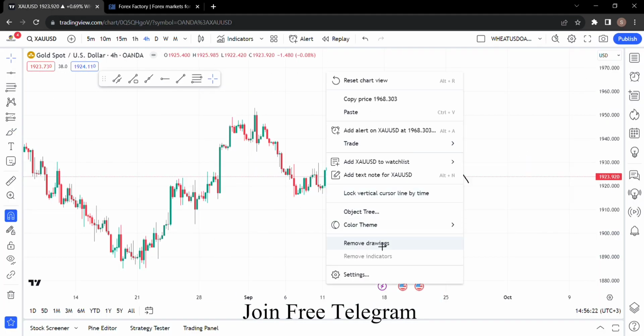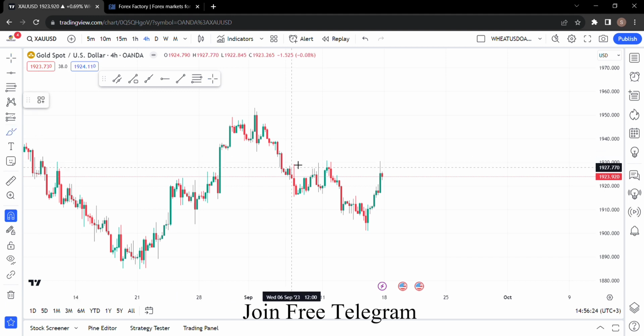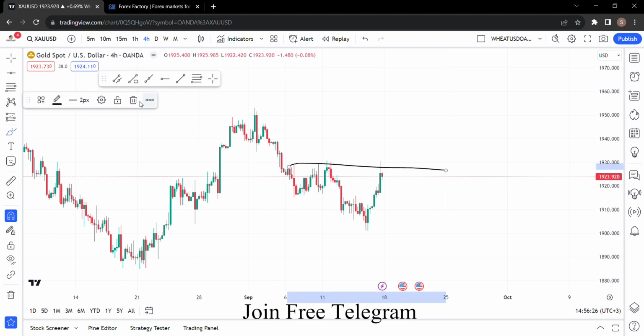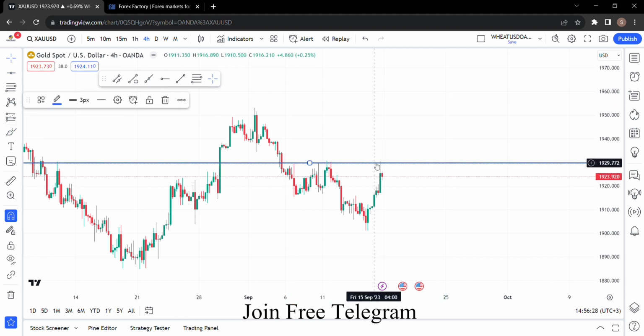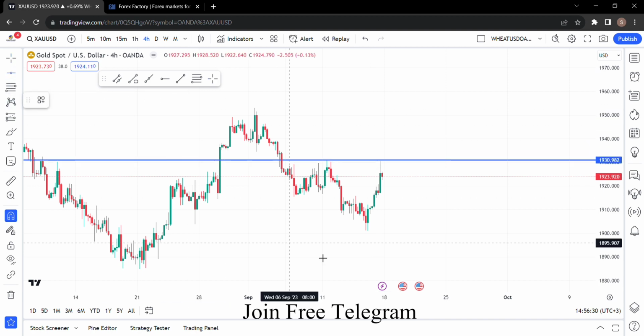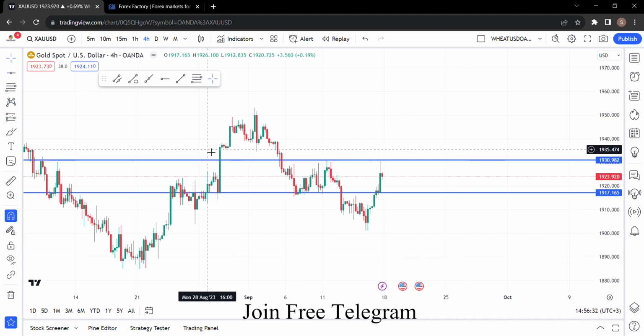So in the 2 days of Monday and Tuesday, the market will just move in these two areas from 1930 to 1913.